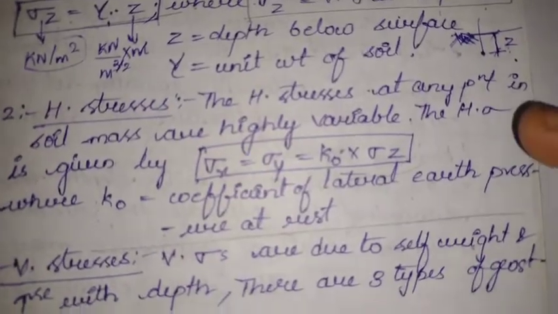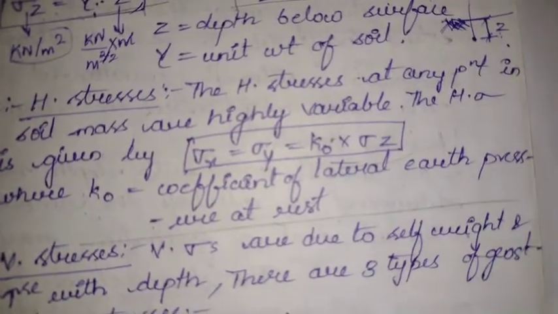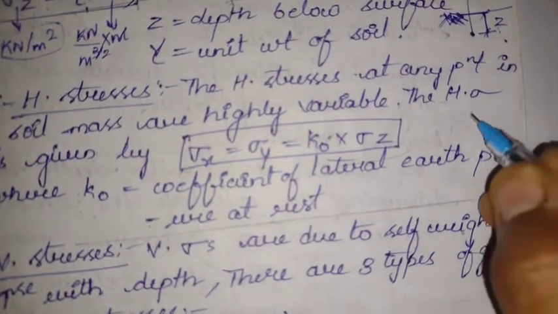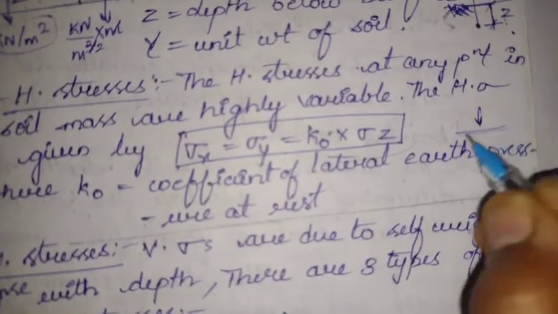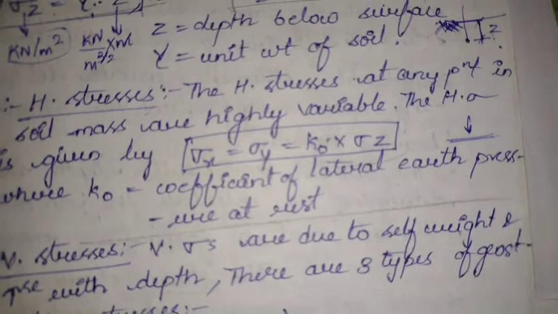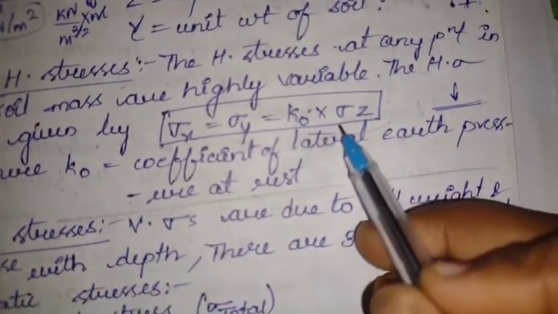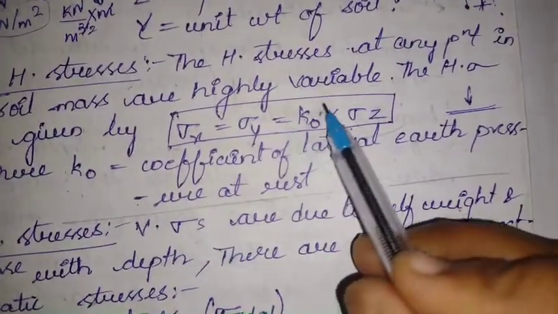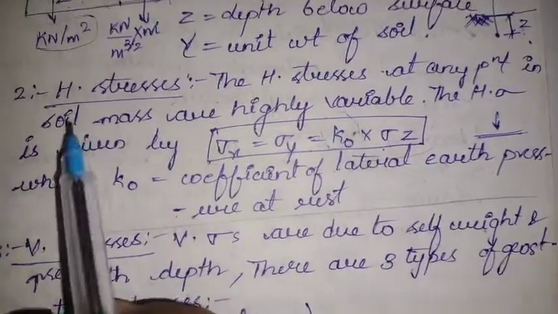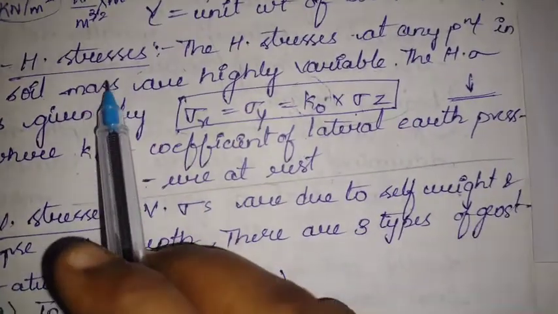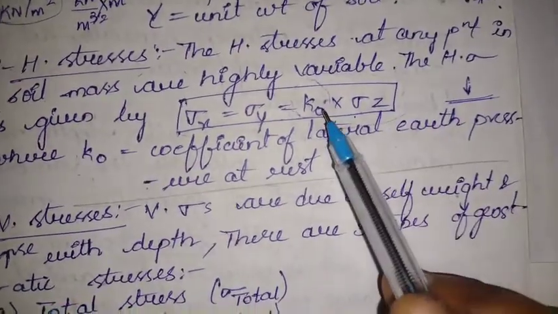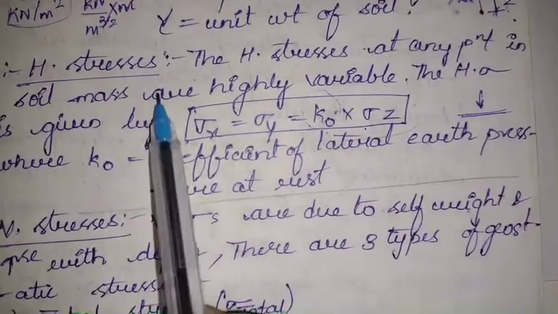Sigma z is nothing but the vertical stress. So when we are evaluating the horizontal stress, firstly sigma z is evaluated and that is multiplied with some factor to get the horizontal stress.